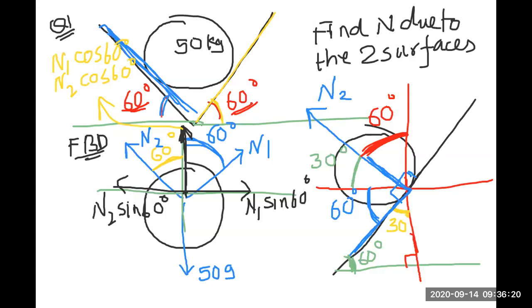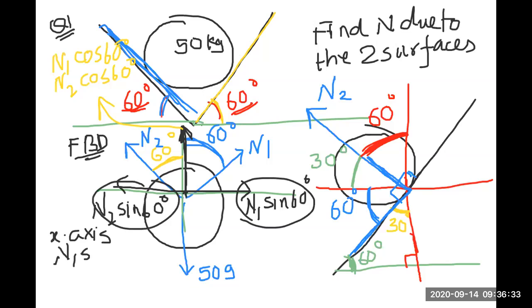Since we have equilibrium, then we must have along the x-axis ये वाला force should be equal to ये वाला force. So n1 sine 60 degrees is equal to n2 sine 60 degrees, and this tells me that n1 is equal to n2.